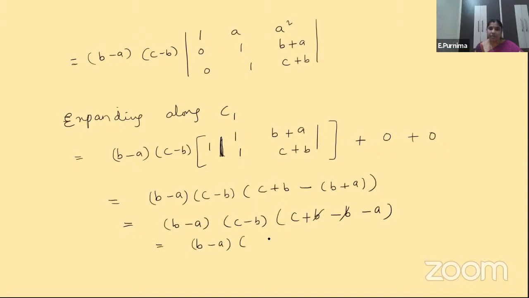B minus A into C minus B into C minus A. Clear? So now what is our question? A minus B into B minus C into C minus A. Yes? So let us take minus common here. Here also we can take minus common. So minus into minus becomes plus. Then it becomes A minus B into B minus C into C minus A as it is, which is our RHS.